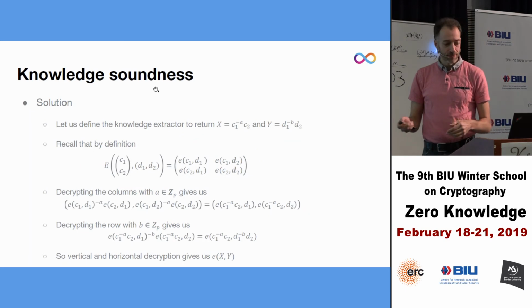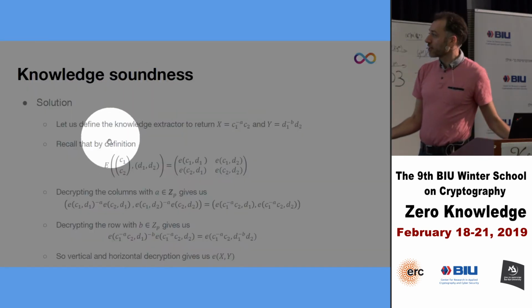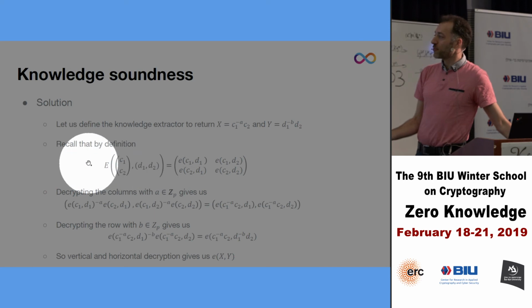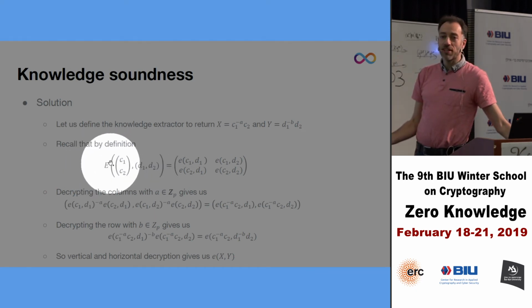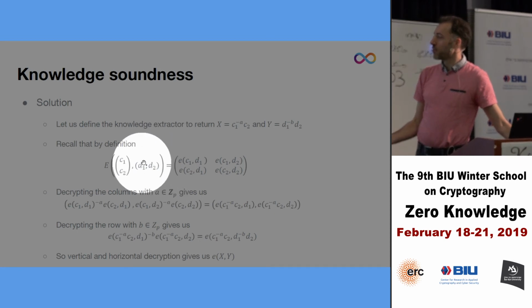So let's start looking at the left-hand side of the verification equation. That will be the pairing of the two ciphertexts with each other, and by definition, it's this thing here.